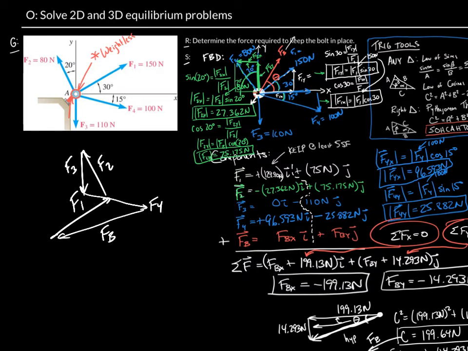Because they would have all summed to 0, it would have all come back to this point. That would have been very, very hard to solve using just triangle rules, because all these angles would have been very complicated. So if you have too many of them, I highly recommend you break them up into components and do it this way. It's just a lot of bookkeeping.